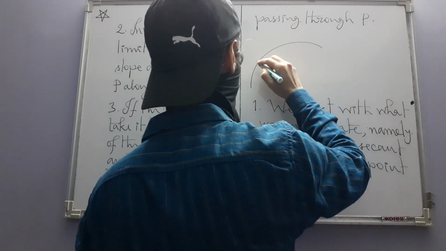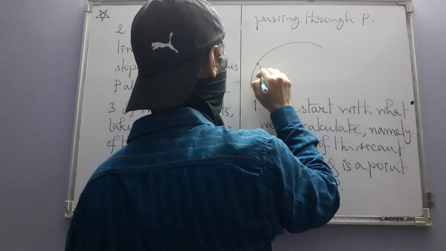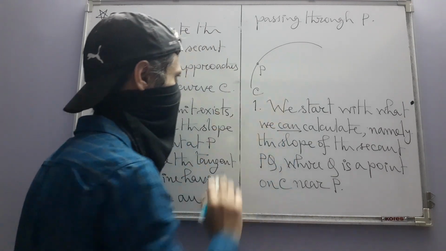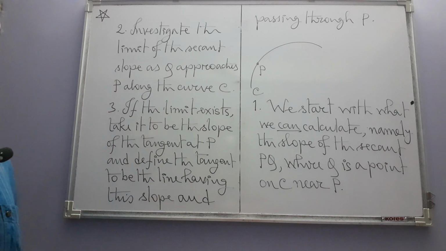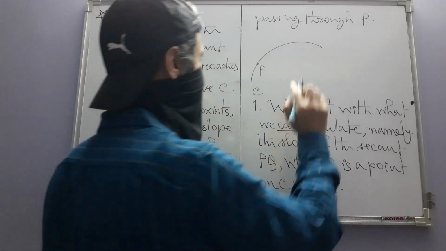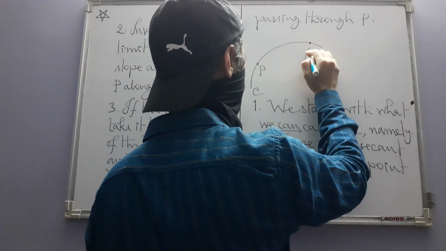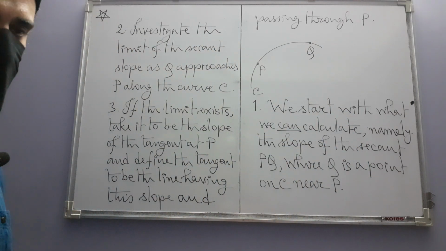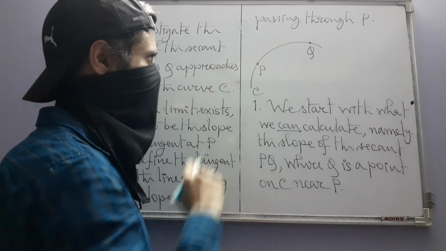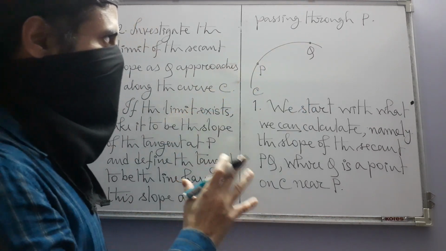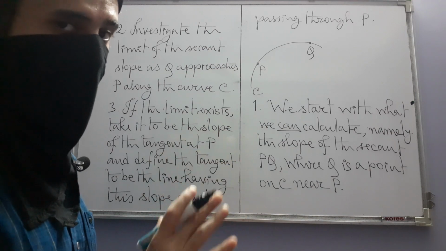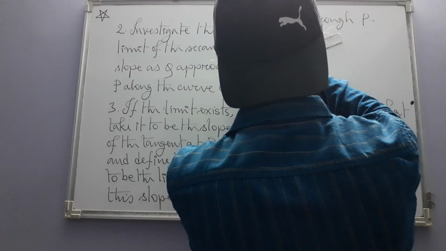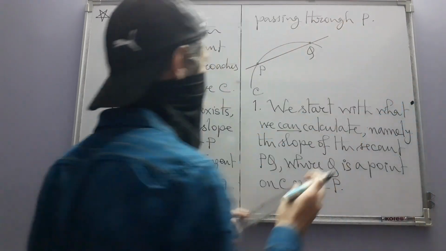Say the point P, where we want to define the tangent to the curve, let's call the curve C also, lies there. Now a nearby point is Q on the curve. Now this of course looks like it's somewhat far away from P, but that's only because I want to make the diagram clear. So you join P and Q and you have this secant line.